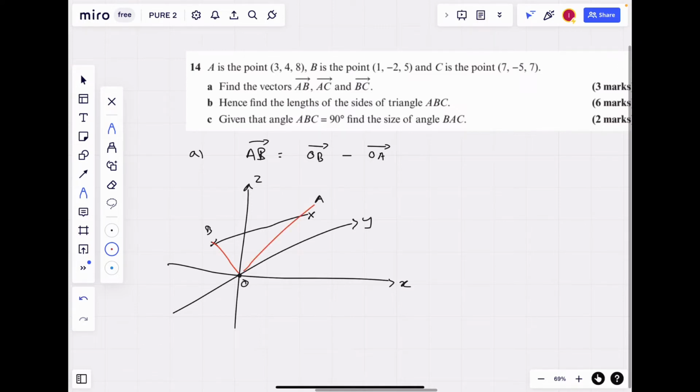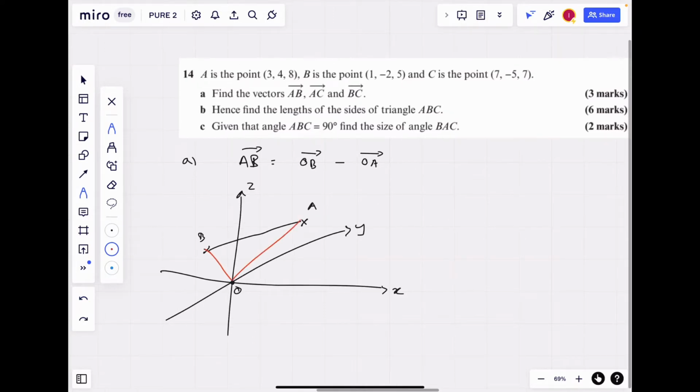Do those in red. So if I want A to B, I'm going to go from A to O, which is the same as minus OA, and then O to B. A to O plus O to B. And this is equal to minus OA. That's how I got this.